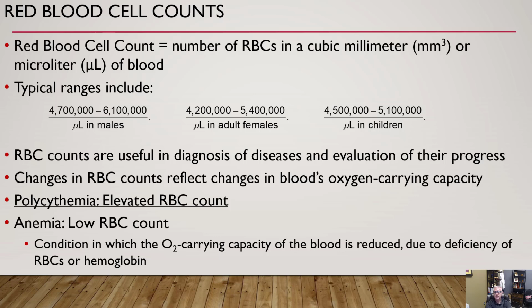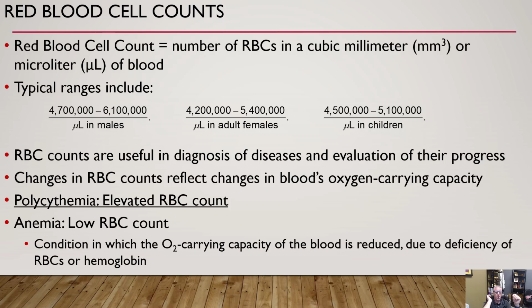So if our red blood cell count is low, then we would assume that our oxygen carrying capacity is reduced. If we have a low red blood cell count, then we have low hemoglobin, then we have low oxygen delivery to the tissues. So that to me makes sense.